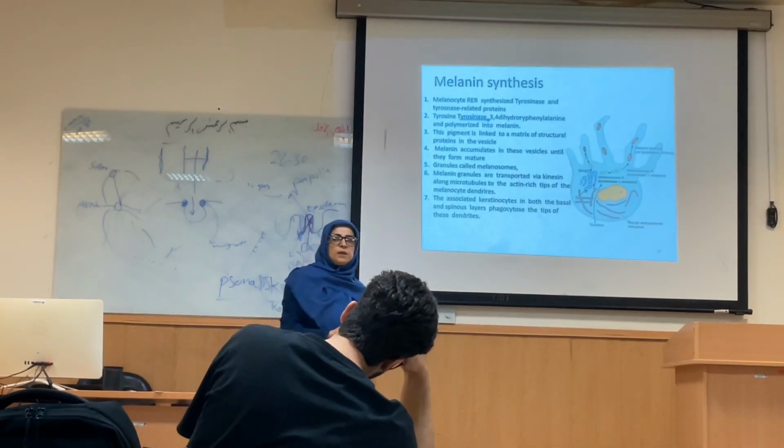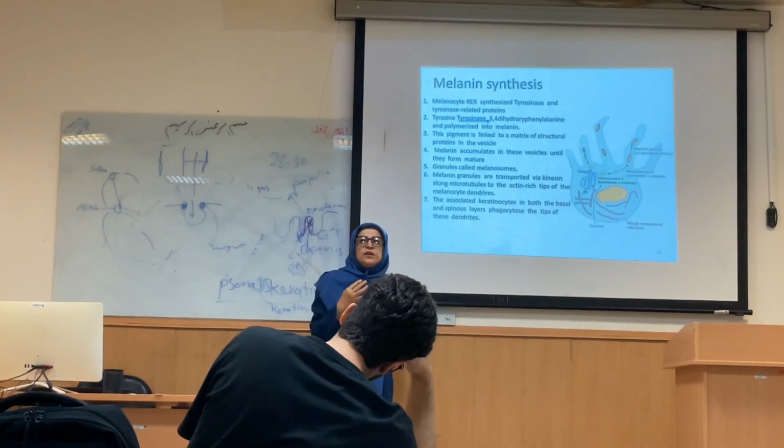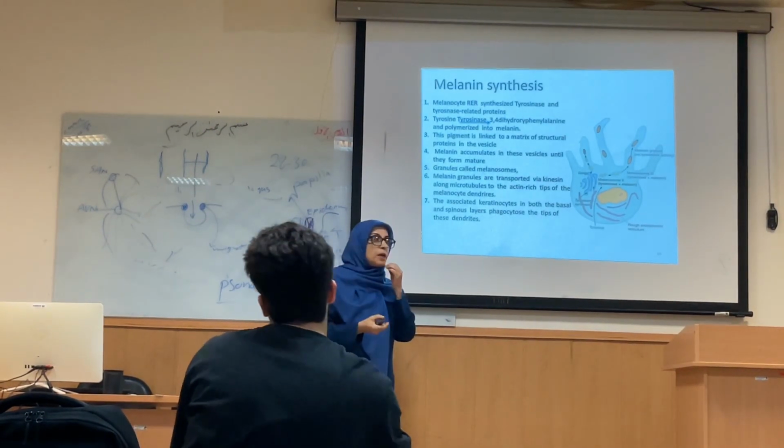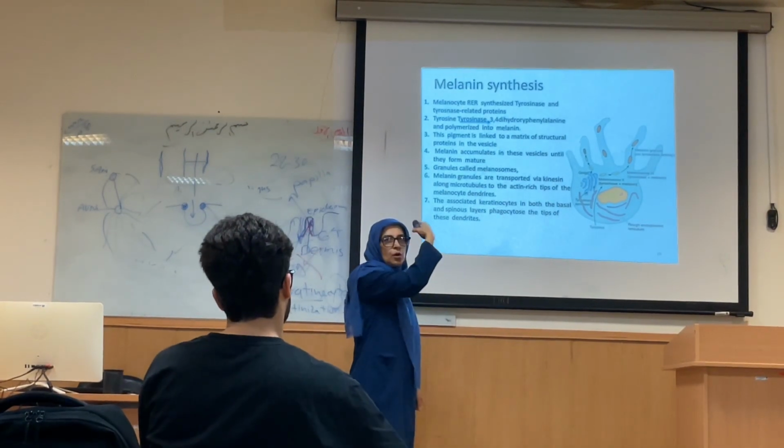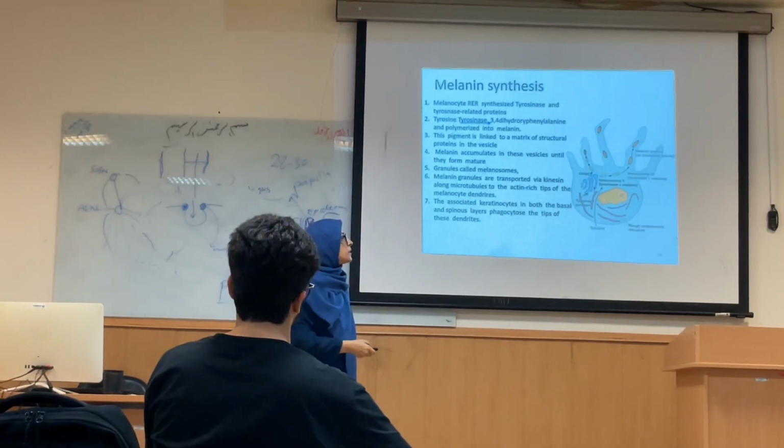In the cytoplasm of the melanocyte, there are lots of keratin filaments, because they are under the cell membrane, and they also go through this process.